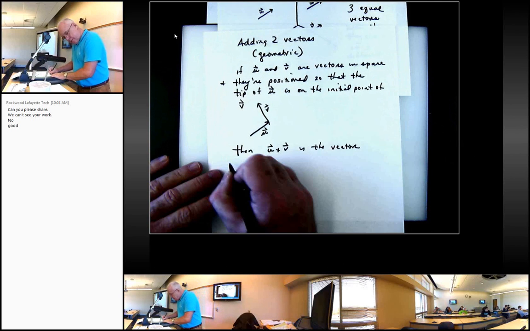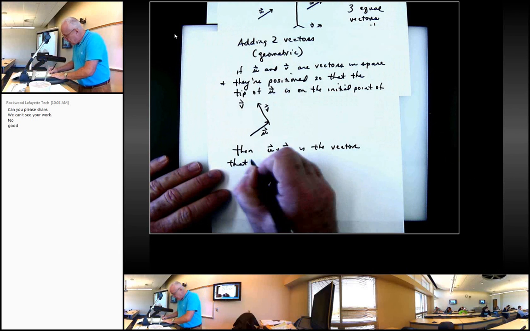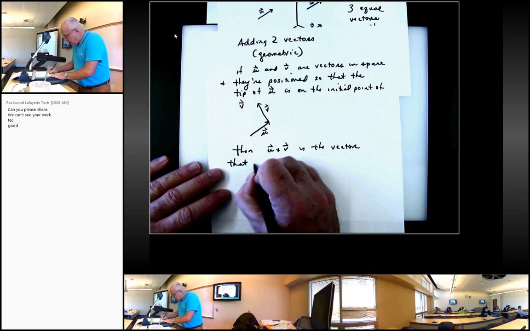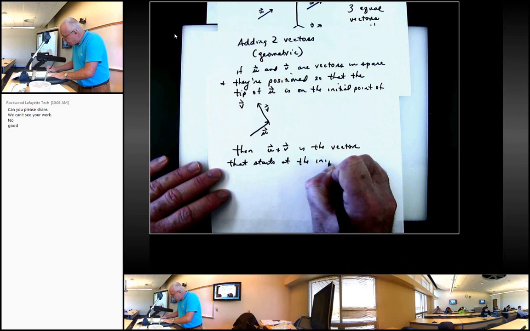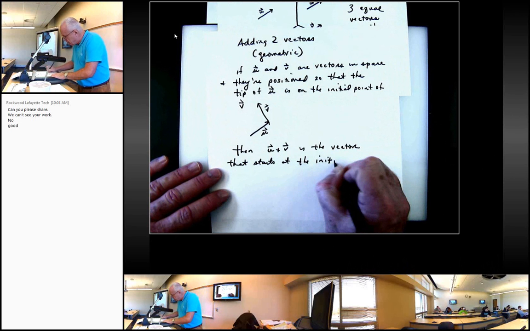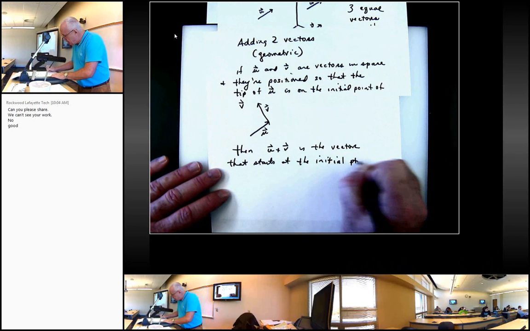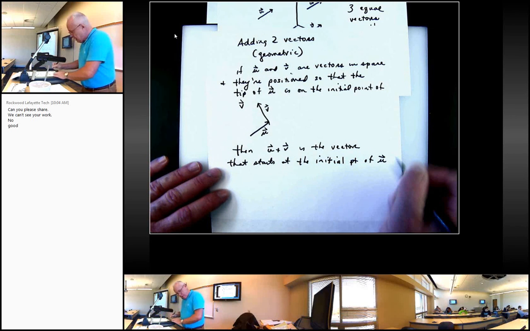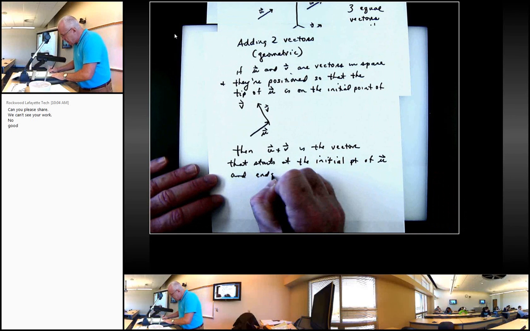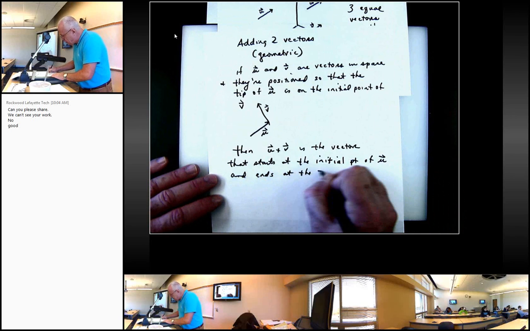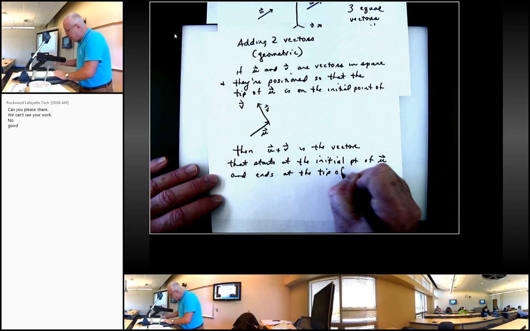Is the vector that starts at the initial point of u and ends at the tip, or terminal point, of v.